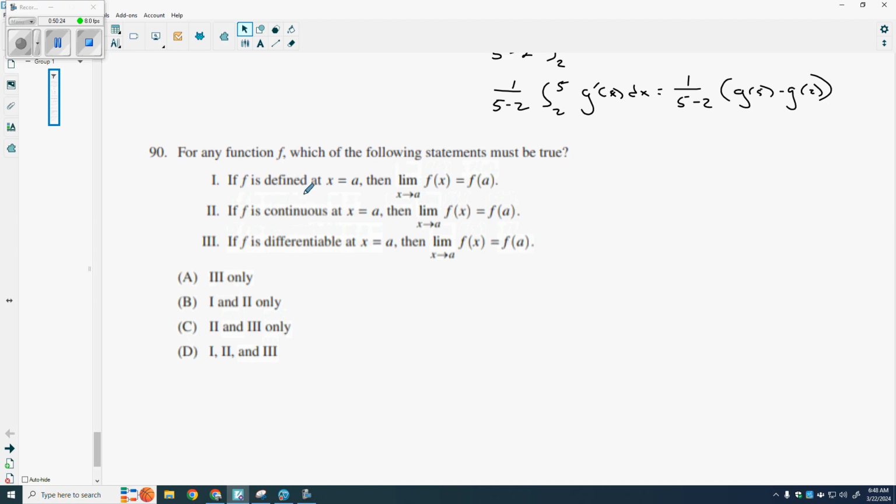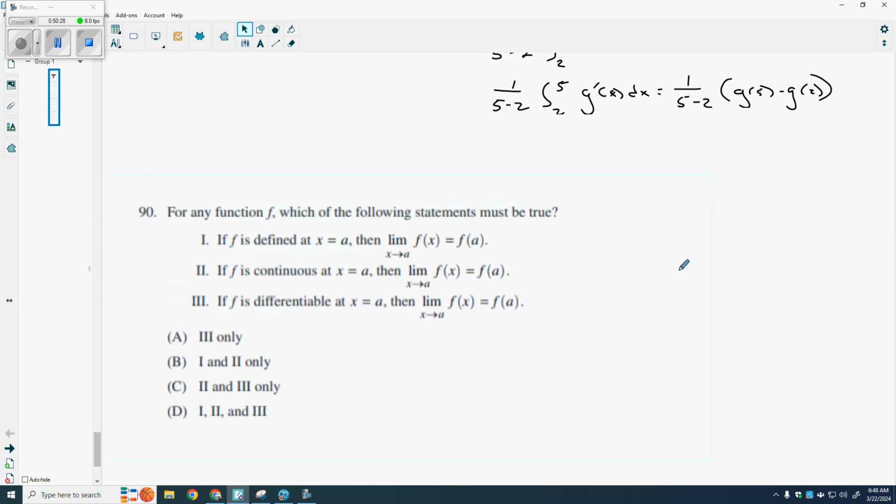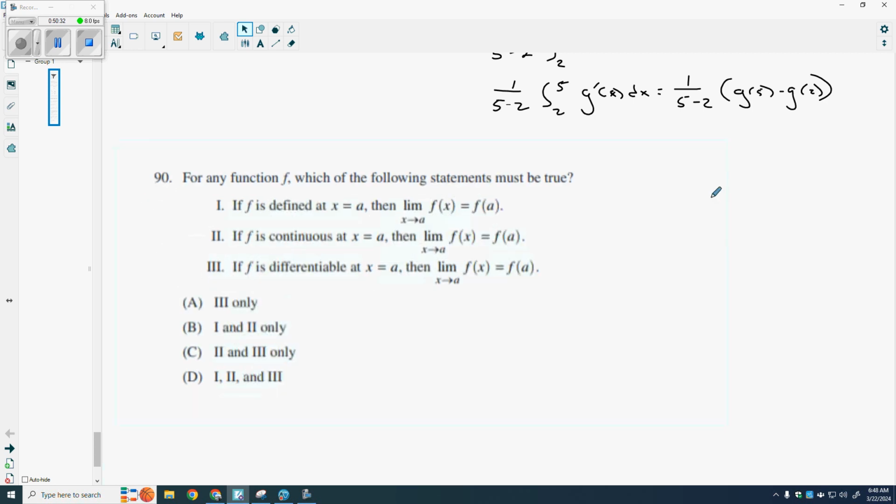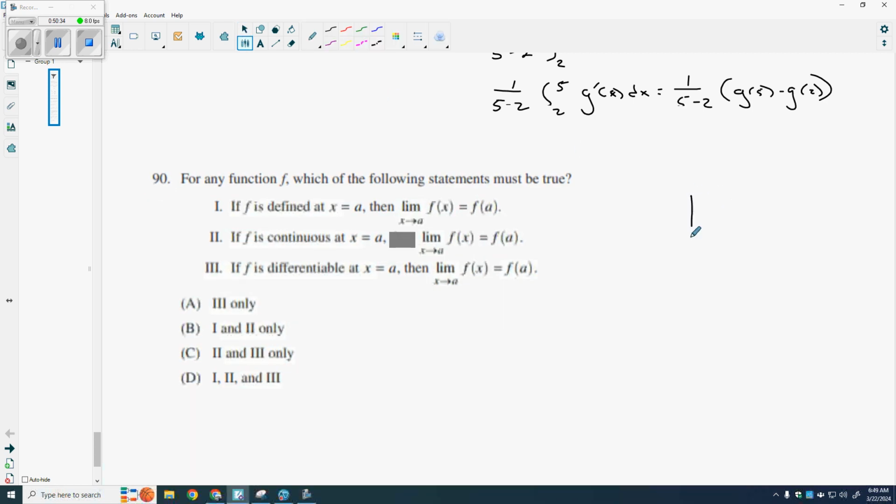Which of the following must be true? F is defined at x equals a. If my function is defined at x equals a, does that mean the limit as x approaches a of my function is f of a? Going back to chapter 1, does that have to be true? Nope.